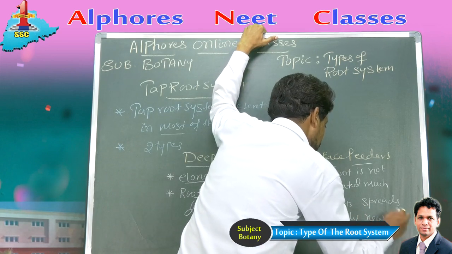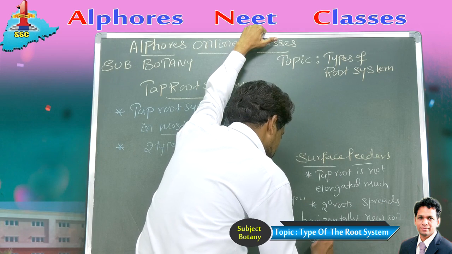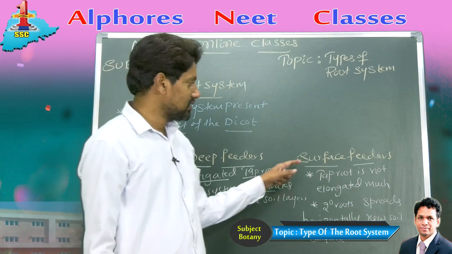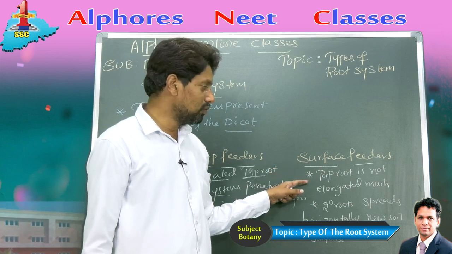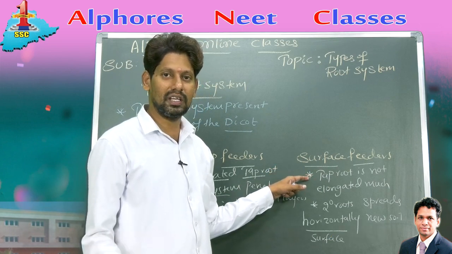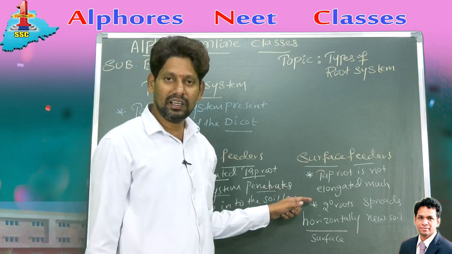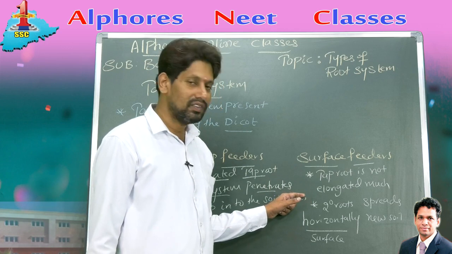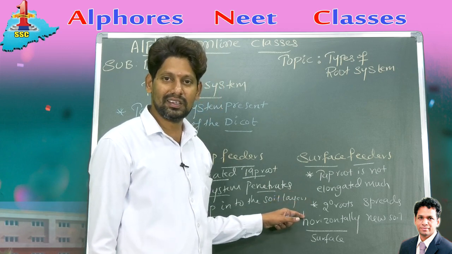Near the soil surface. Therefore, in surface feeders, the taproot is not elongated much. It means the taproot is not going to the deeper layers of the soil. Secondary roots, the first order branches, spread horizontally near the soil surface.